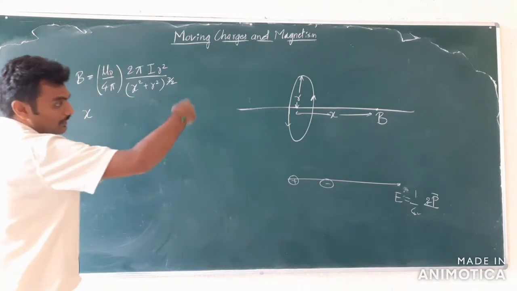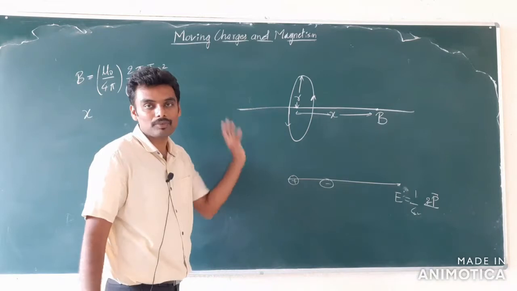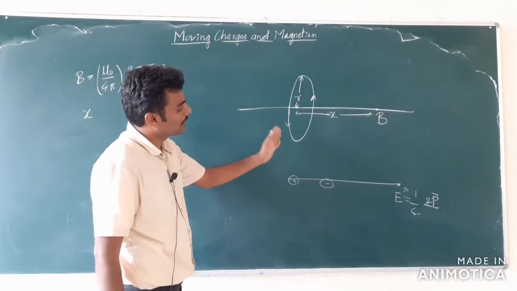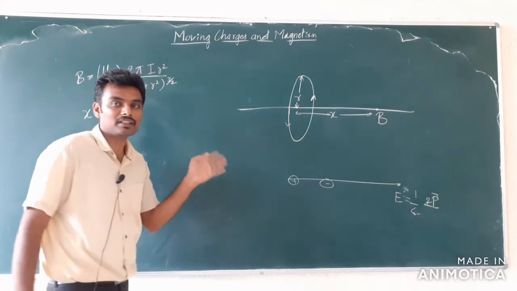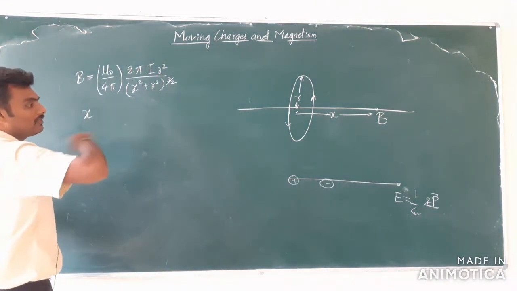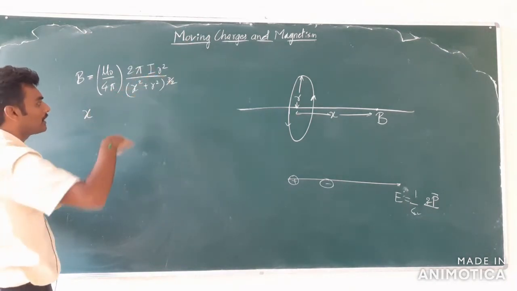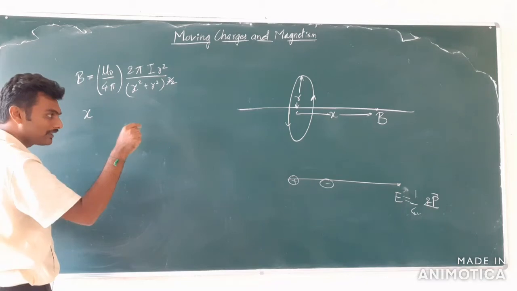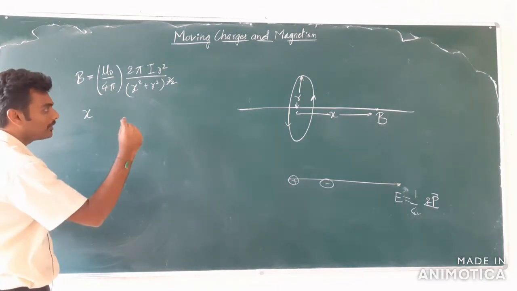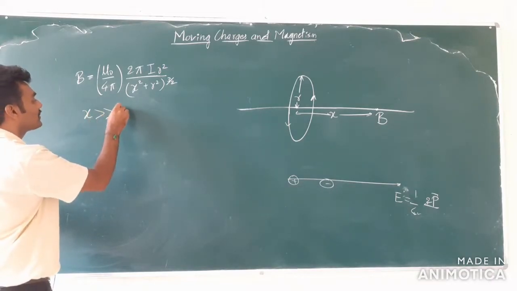See, till now we were considering this as simply a current carrying loop, but from now onwards, this current carrying loop itself is the magnetic dipole moment, right? You know that. So, if I take a point far away from the magnetic dipole moment, or if I consider a very small magnetic dipole moment, which means smaller radius, the condition would become x very much greater than r.